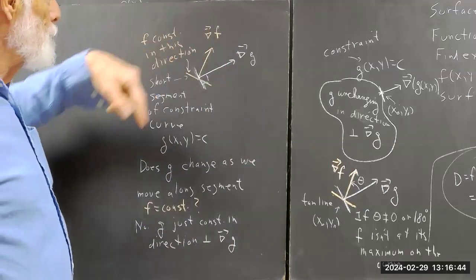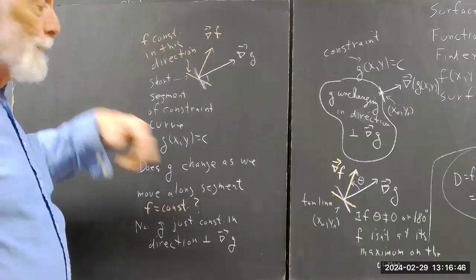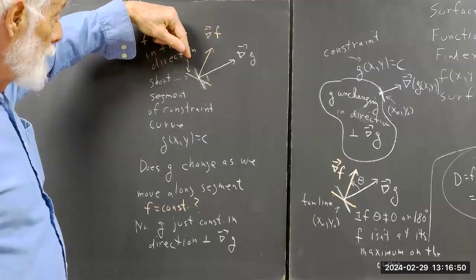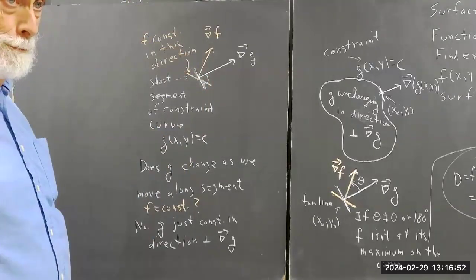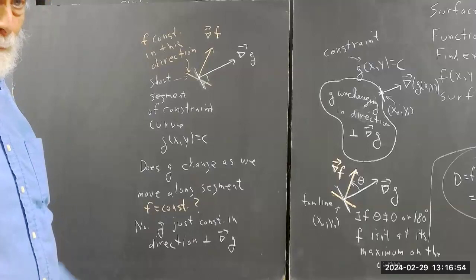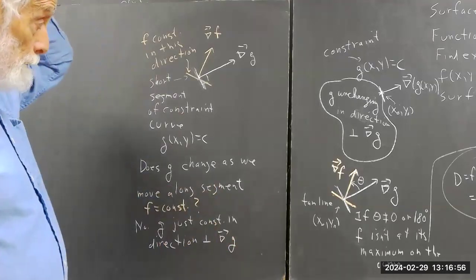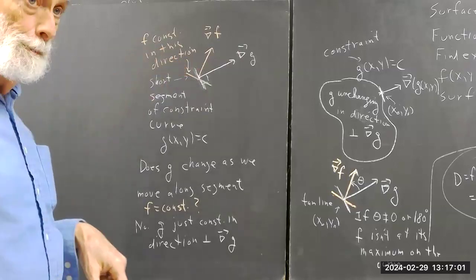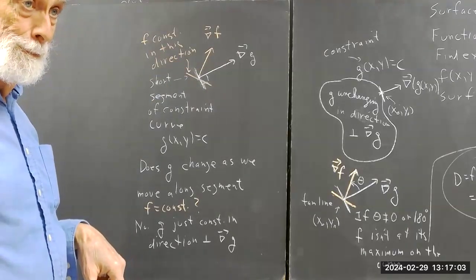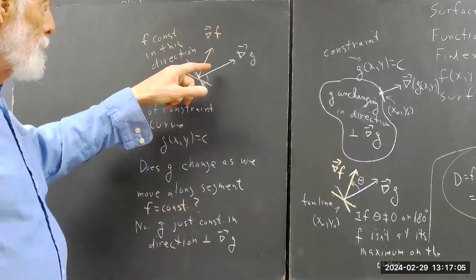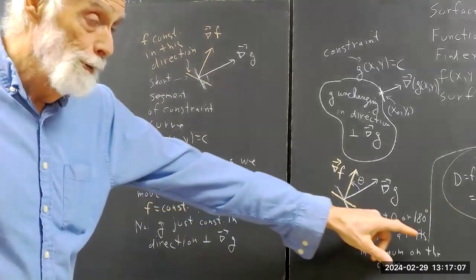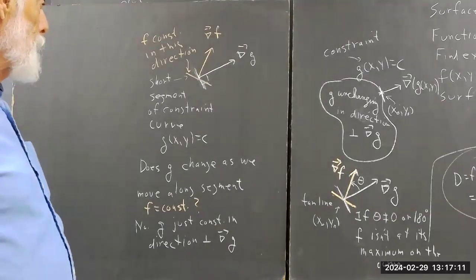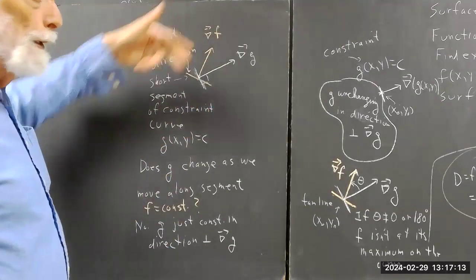You can say the same thing with f. Okay. f doesn't change in this direction. The f has to change if you move in this direction. Yeah. If you move in the direction perpendicular to del g, and the angle between these isn't 0 or 180 degrees, then you're moving in a direction in which f changes.